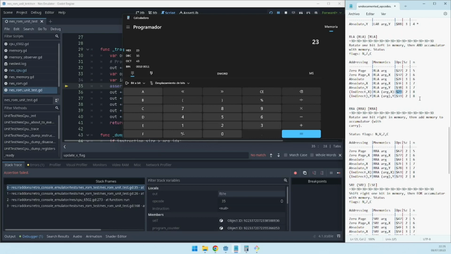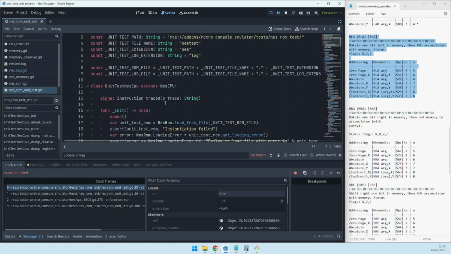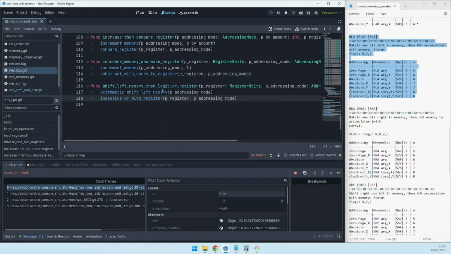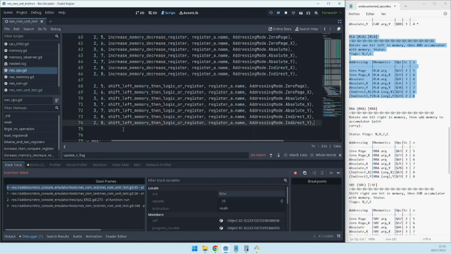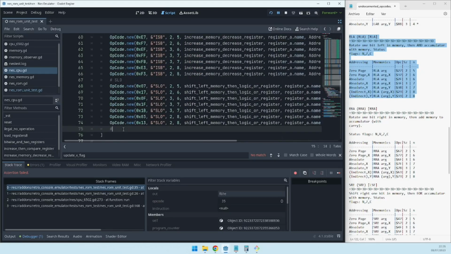So you are rotate left, then AND the accumulator. Okay. So this one is RLA.